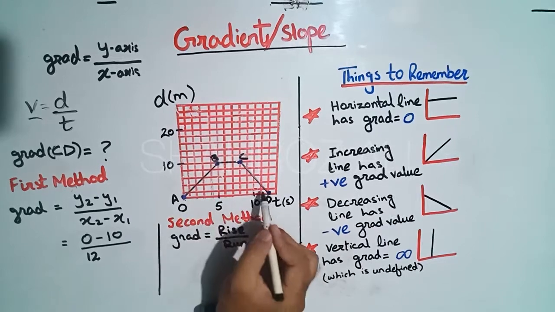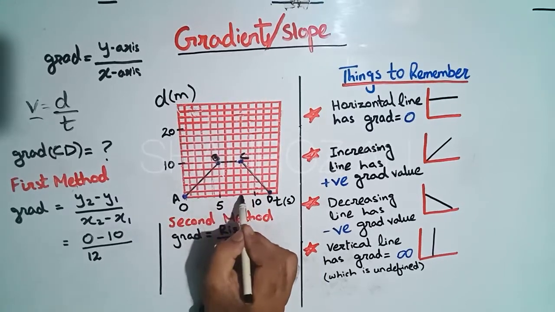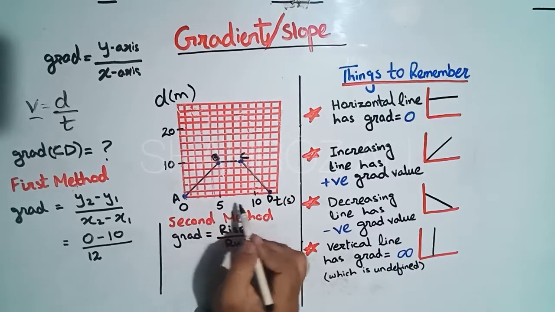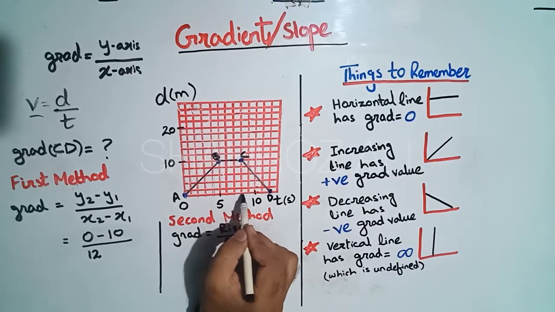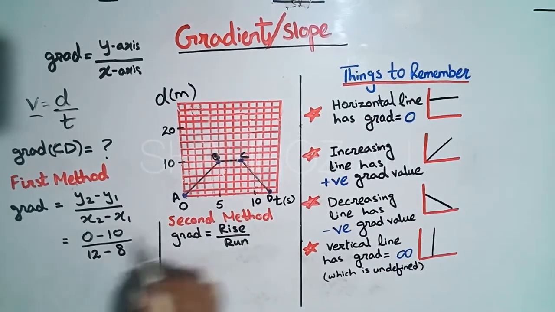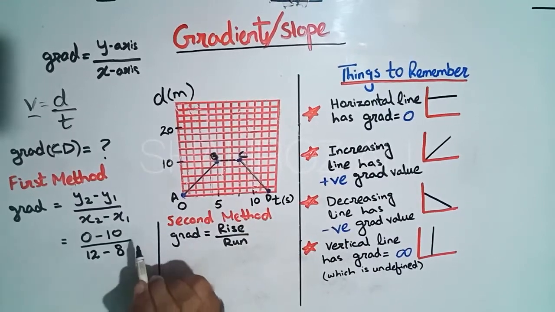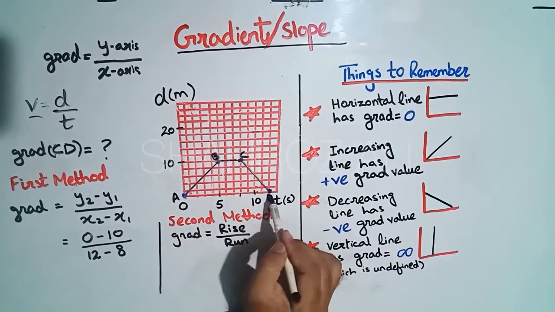Now for x1 the value is 8, because 5 to 10 is the third line here on the x-axis, and y1 is minus 10.